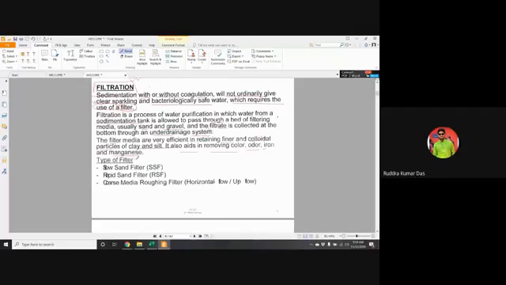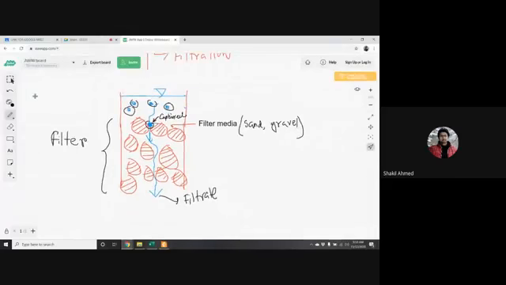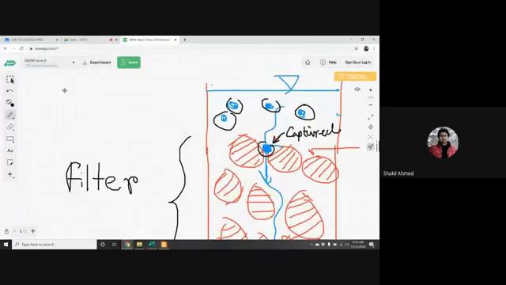Sir, what is the type of odor, sir? Okay. First of all, you need to see how odor is caused in water. The odor is caused by a multitude of sources, for example, organic matter. Now, this is the solid organic matter.